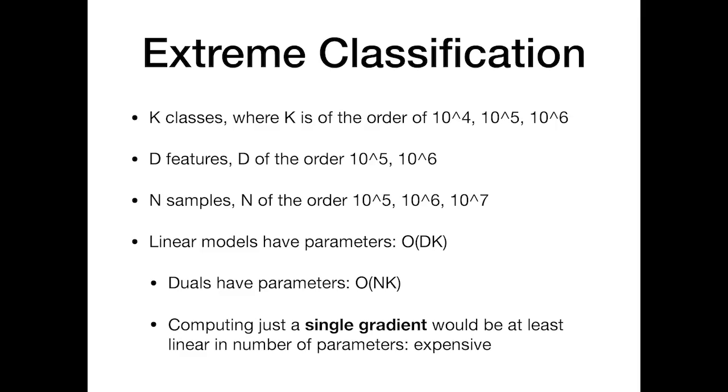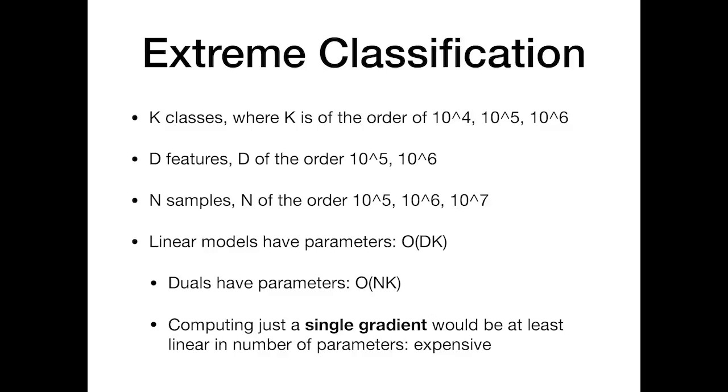Extreme classification, we have all seen examples so far, and we will continue to see more. This is more of setting up the notation for the setting of extreme classification. I have capital K classes, where K is 10 to the 6 or potentially higher; 10 to the 4, 10 to the 5 is common as well.